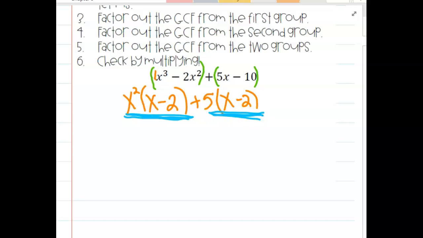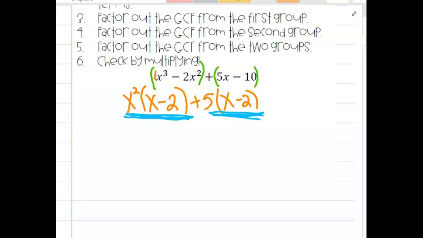If you do everything correctly, between these 2 terms, they should have something in common. So if you look at those 2 terms, what do they both have? They both have that x minus 2. You see that? So what we're going to do, we're going to factor out the greatest common factor from the 2 groups.